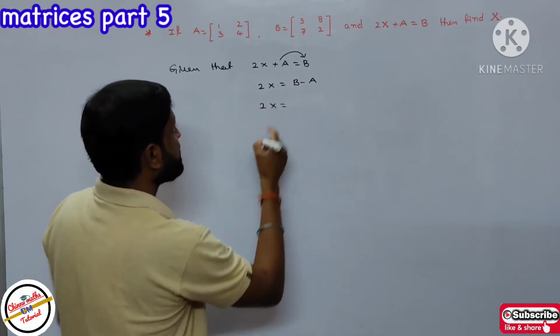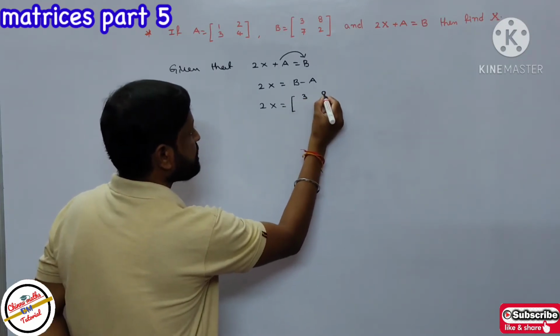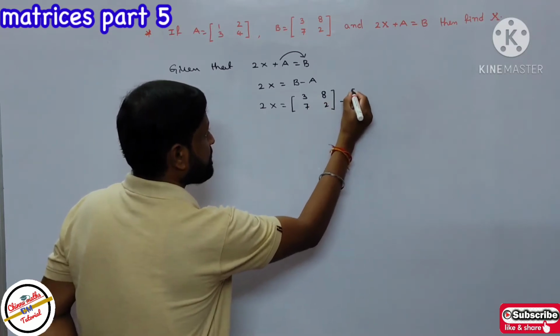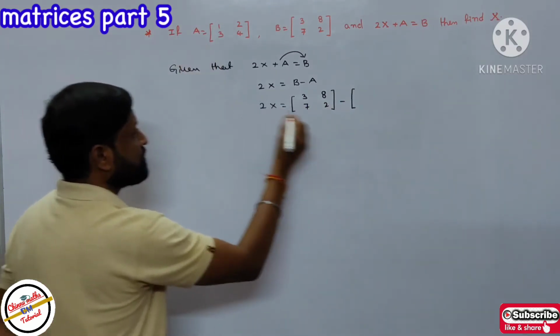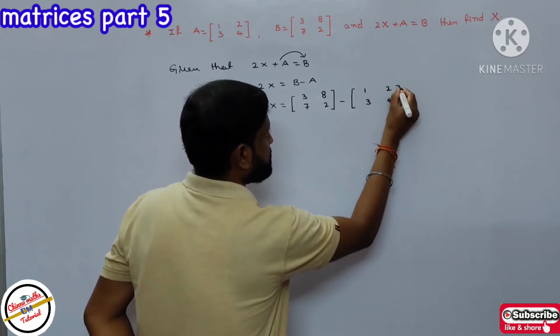2X equals the matrix B, which is [3 8; 7 2], minus the matrix A, which is [1 2; 3 4].